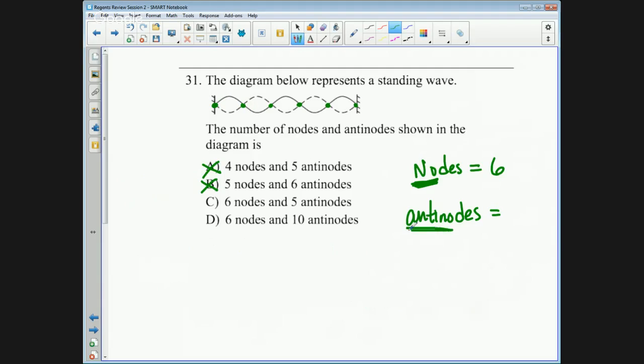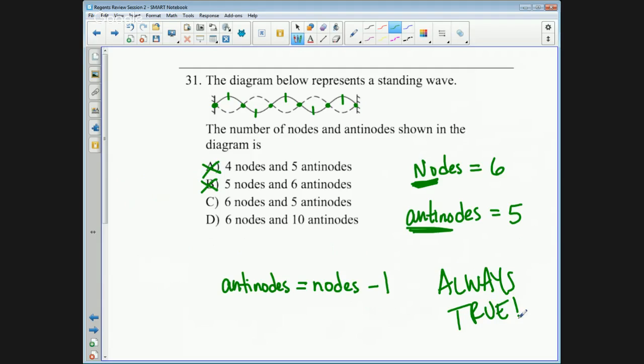Antinodes, anti-no, means the opposite of no amplitude. So the highest amplitude, actually. So we have 1, 2, 3, 4, 5. Okay, 5 antinodes. The rule is there's always one less antinode than the node. Okay, so antinodes equals nodes minus 1. Always true. There's no exception. So the answer here is C.